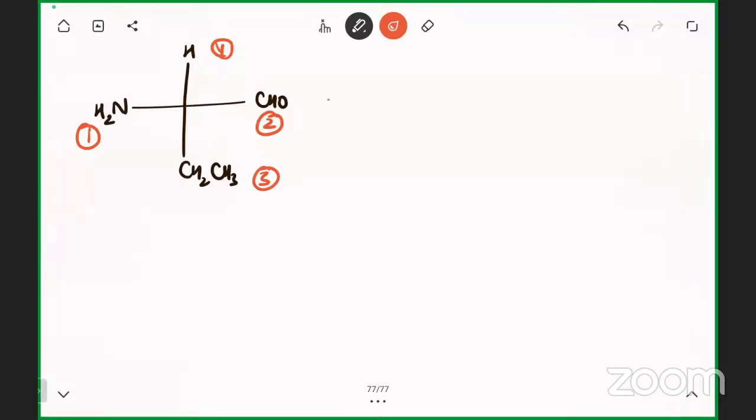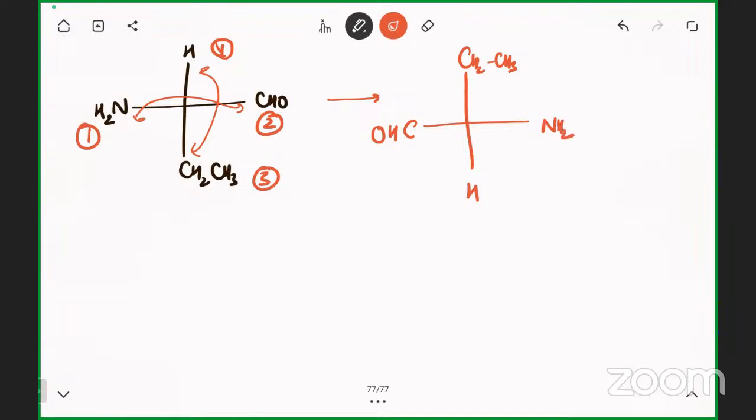So if you do the change, how will you do it? How will you change the position? Like this. Okay, so CH2CH3 will come at the top, hydrogen will come at the bottom, and these two will exchange the position. 1 and 2 will exchange, so it will be CHO on the left hand side and NH2 on the right hand side.